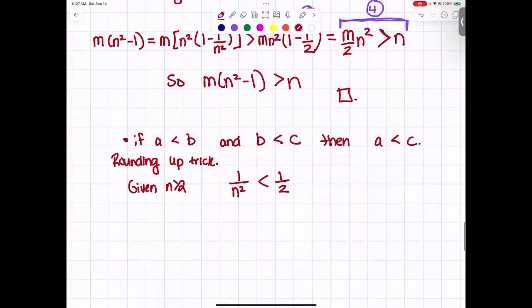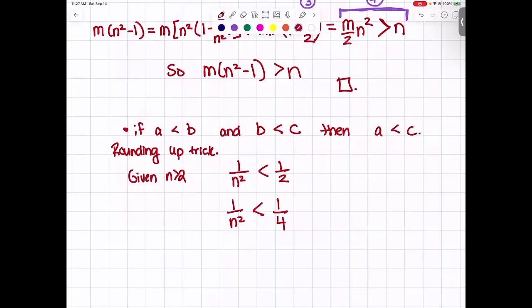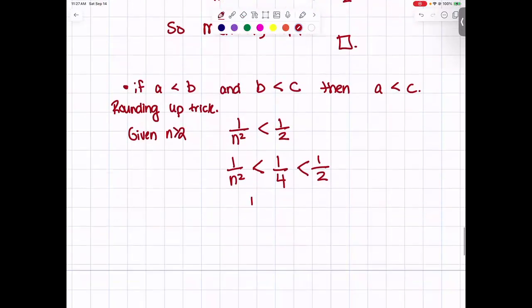We were able to say that because when we factor in that n is greater than 2, 1 over n squared is strictly less than a quarter, which is less than a half, which then implies that 1 over n squared will be less than a half. And that's how we're able to use the rounding up trick. It's using that logic of if A is less than B and B is less than C, then A will also be less than C.